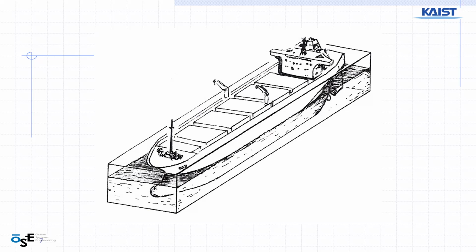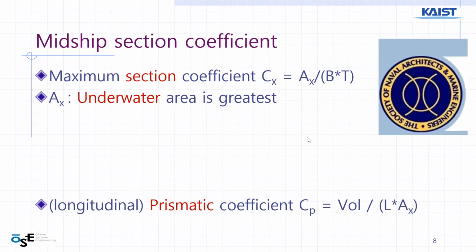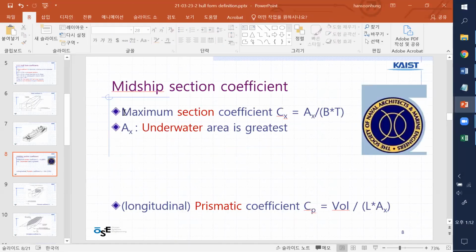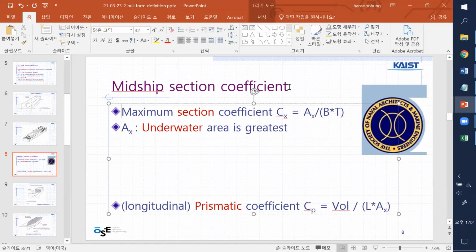But still, the block coefficient definition is the same. And then the mid-section coefficient. This is the maximum section coefficient. But there is another writing there, should be writing. So this is CM.